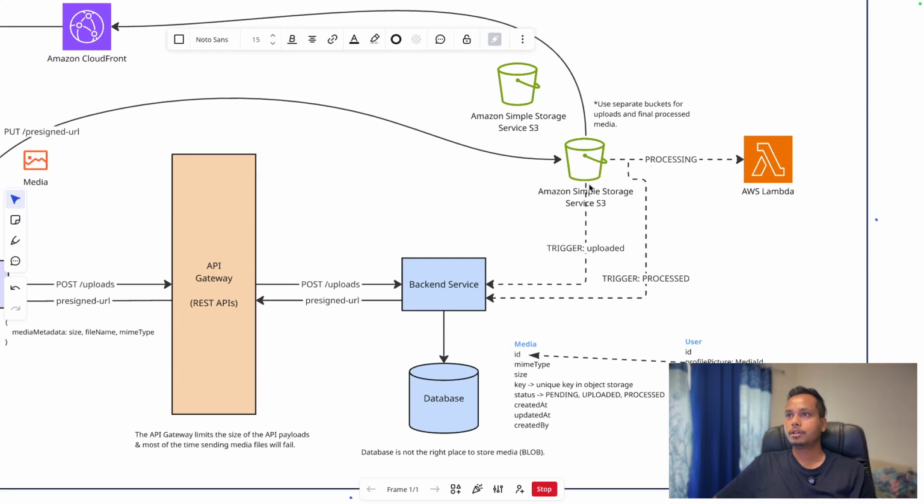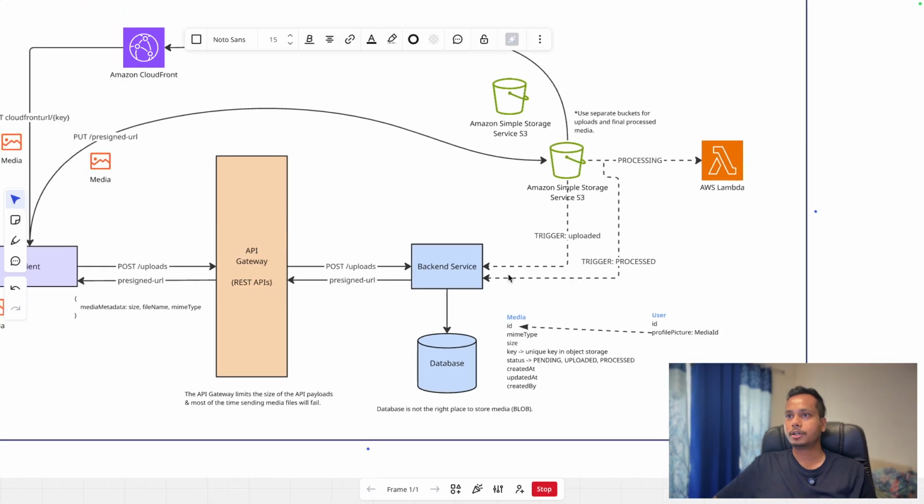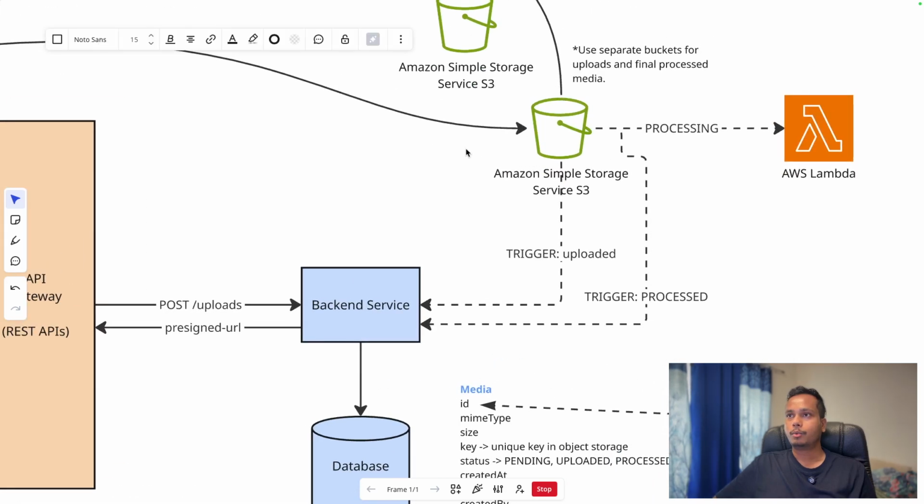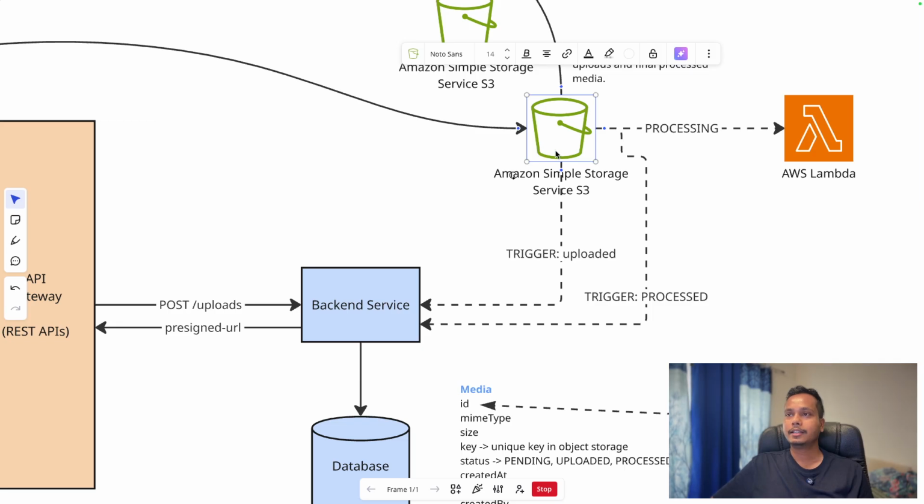Also, it is a good practice to have different buckets for processed images and for uploaded images, because you have lots of triggers implemented here. What that means is, let's say you have only one bucket and you are saying that whenever a file is uploaded here, you are invoking a trigger to the backend service. So you uploaded a file in this bucket, and then this upload trigger will go to the backend.